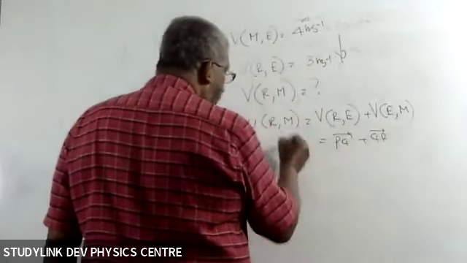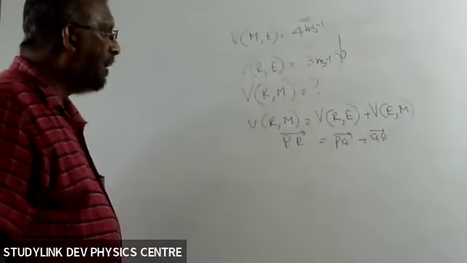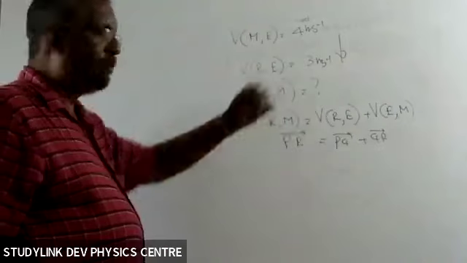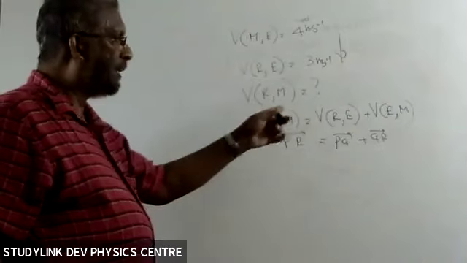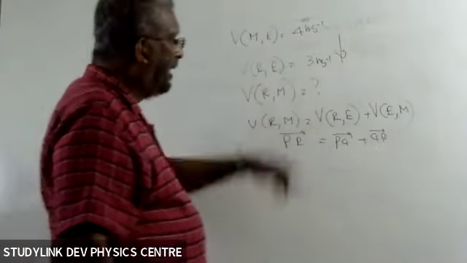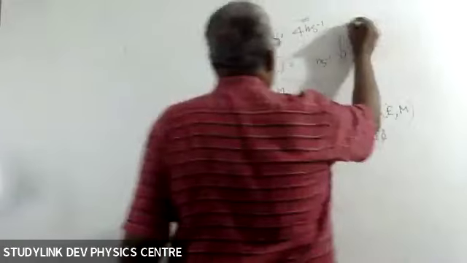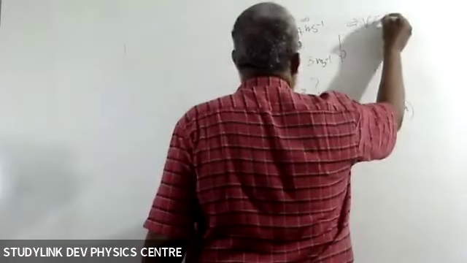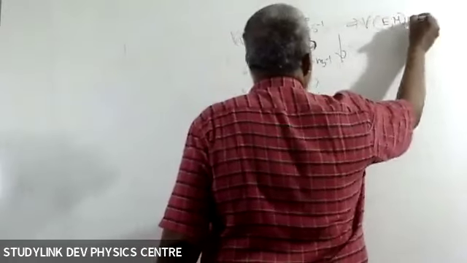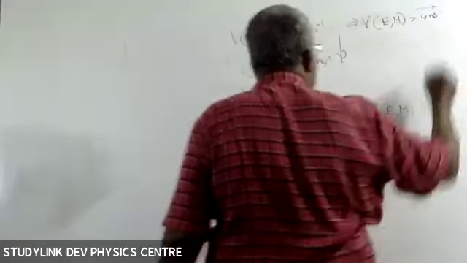Then this is PR. Now we'll consider PQ. PQ is the velocity of the rain relative to the earth. QR is the velocity of the earth relative to the man, VEM. VEM is in the opposite direction, 4 m s^-1.